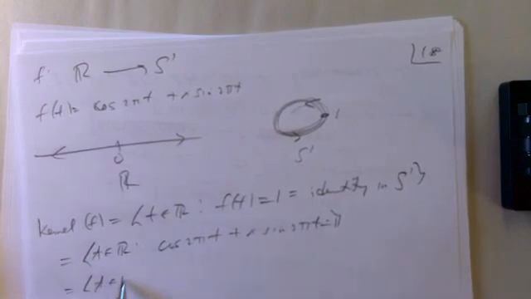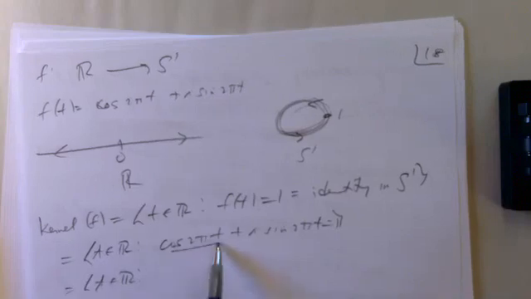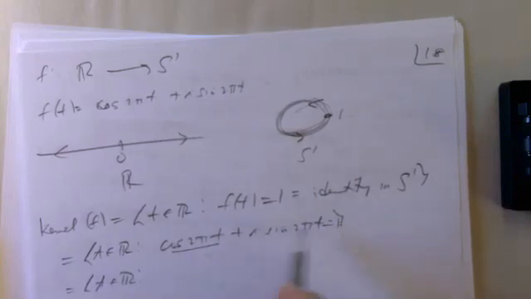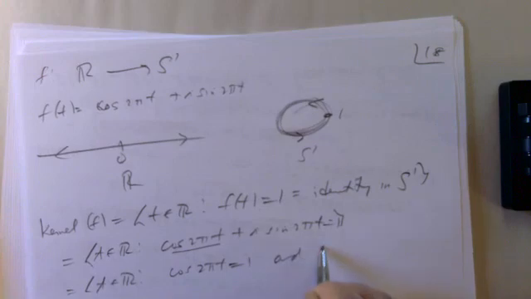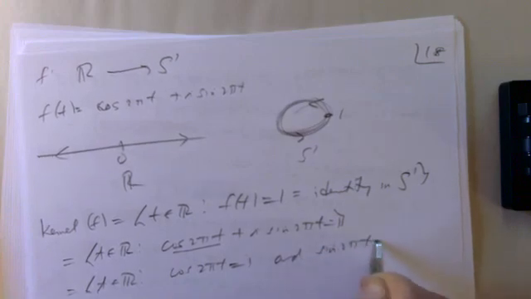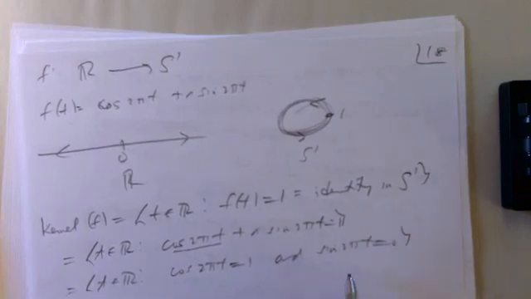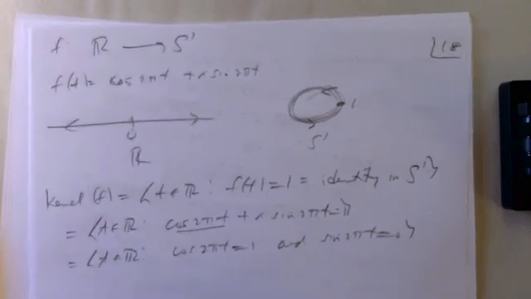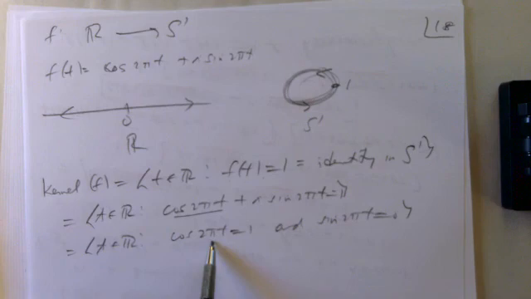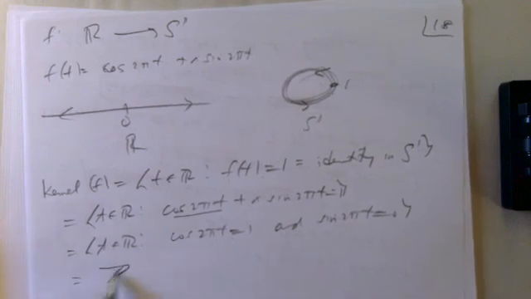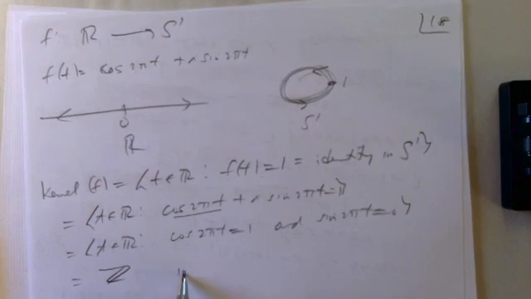Which means we're looking for all t where, I mean, two complex numbers are equal means they have the same real and imaginary parts. So cosine of 2 pi t equals 1, and sine of 2 pi t equals 0. Sine of 2 pi t is 0 for the integers. Cosine of 2 pi t is 1 for the integers. So the kernel is just the set of all integers.